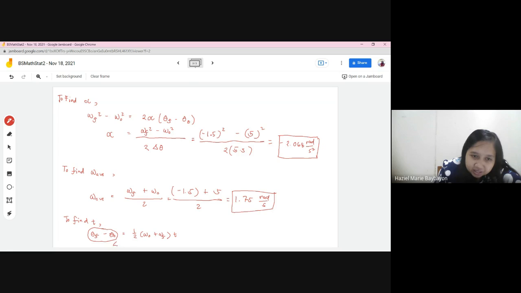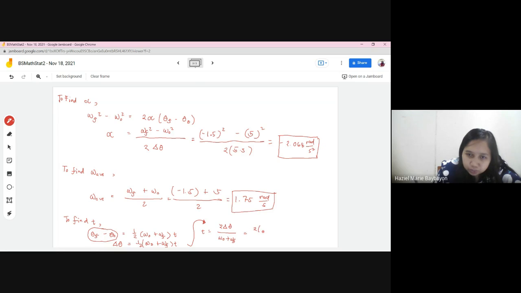Isolating t, we have t is equal to 2 multiplied by delta theta divided by omega naught plus omega final.